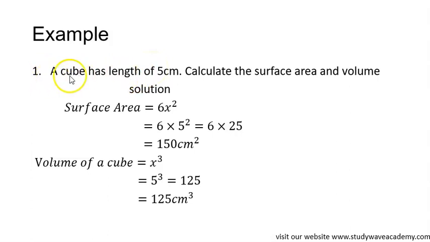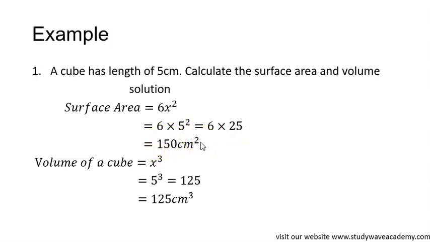The question says a cube has the length of 5 centimeters, so we input 5 raised to the power 2. 5 raised to the power 2 is 5 times 5, which is 25. So we have 6 times 25, which gives you 150 centimeters square.